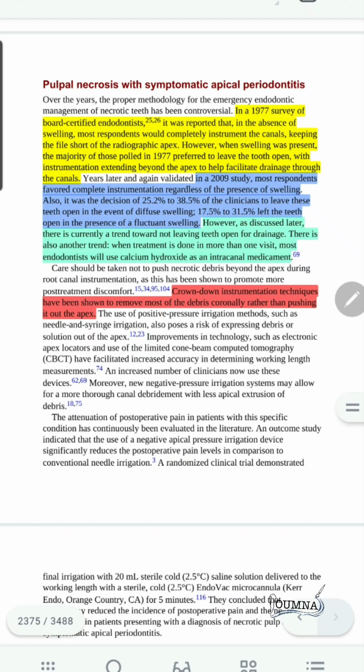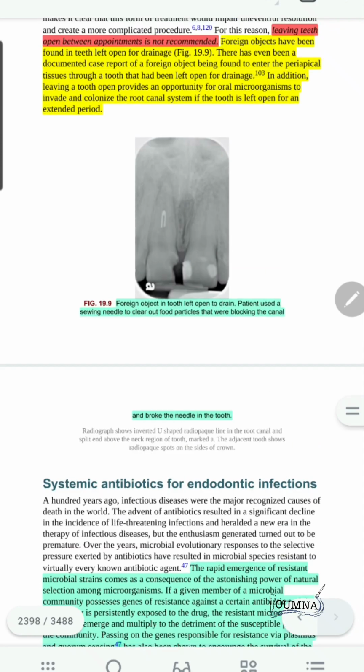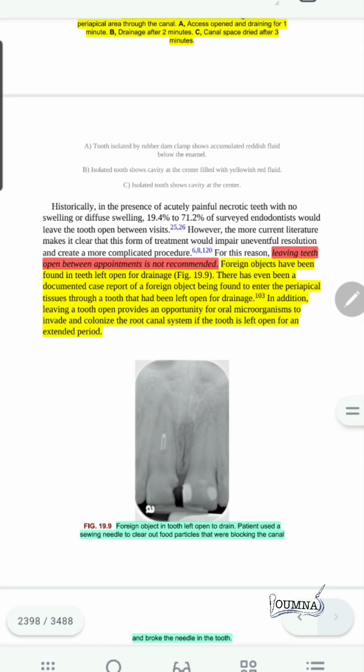Also, there is a chance of getting foreign objects inside the canal if we leave it open like this. Here we saw that a foreign object has entered the canal because the access was open.